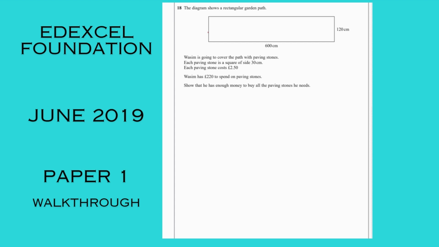If you're putting a square in, which is 30 by 30, horizontally, it will fit in 20 times. Vertically, it will fit in 4 times. So 80 of these paving slabs should fit in.